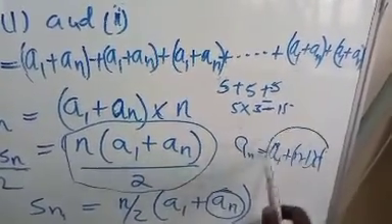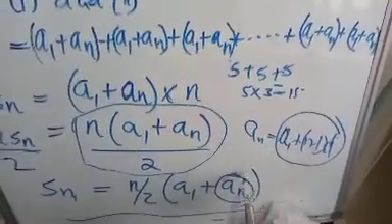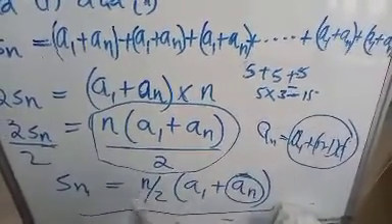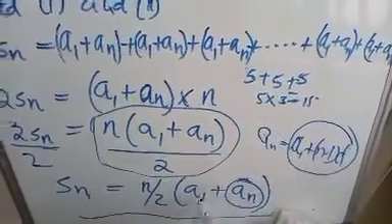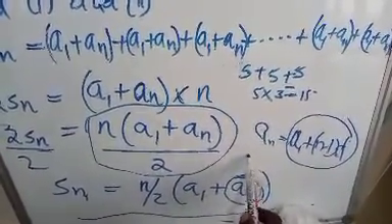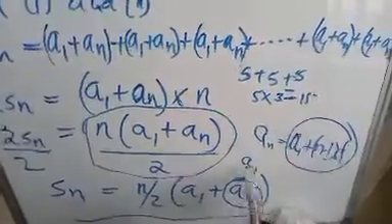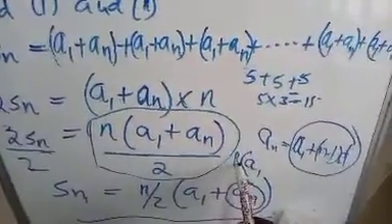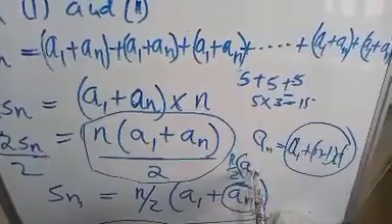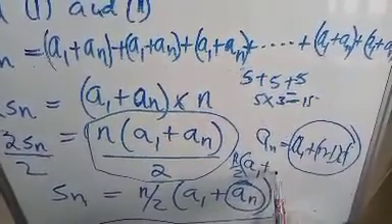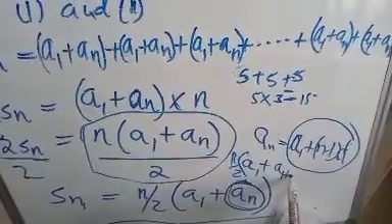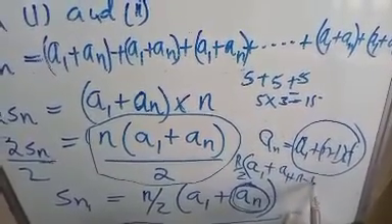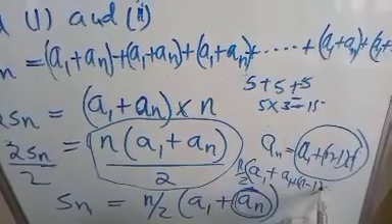If you take this and put it where there is an in our formula, you get the simplified formula n over 2, a1 plus a1 plus n minus 1 bracket d.